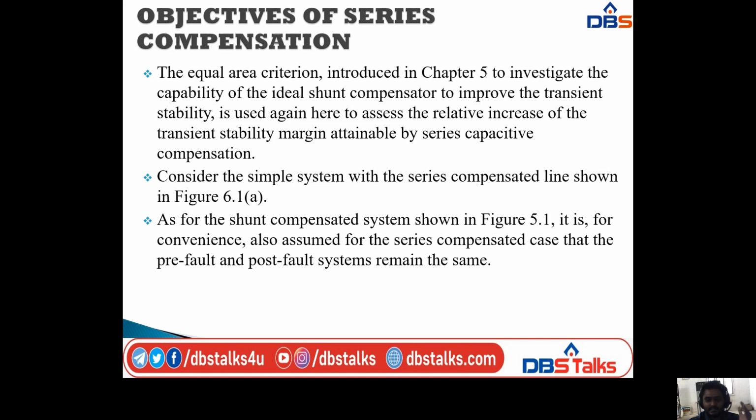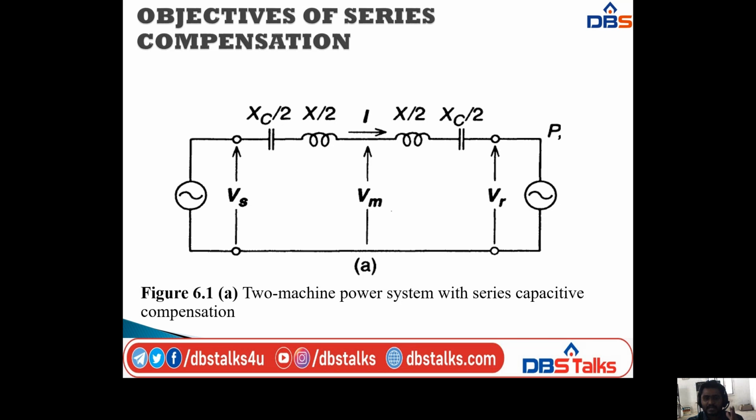We already discussed this diagram, and the same diagram is taken for the concept of series compensation also. Here I am taking a two machine power system with series capacitive compensation. We have the reactor also, split into two parts of value X by 2 each.